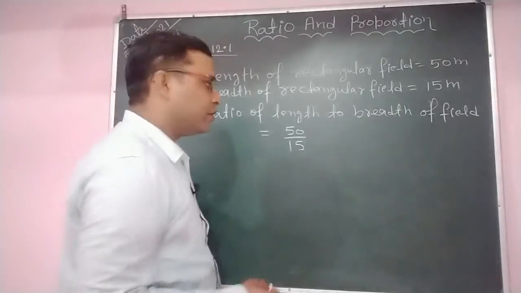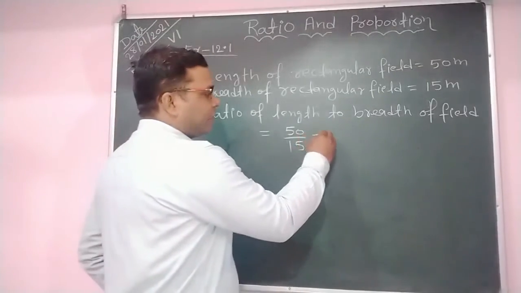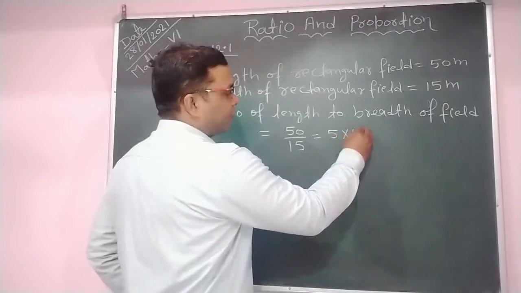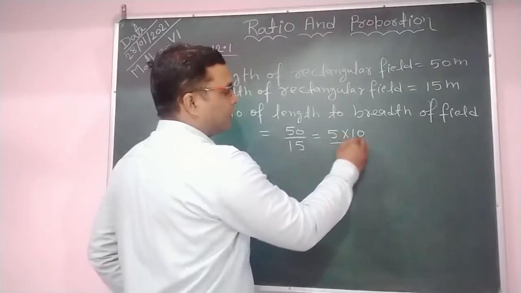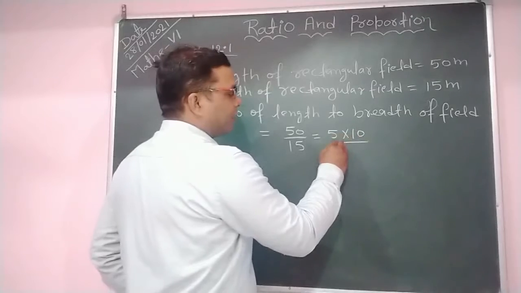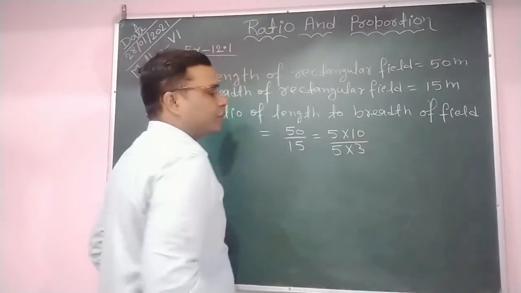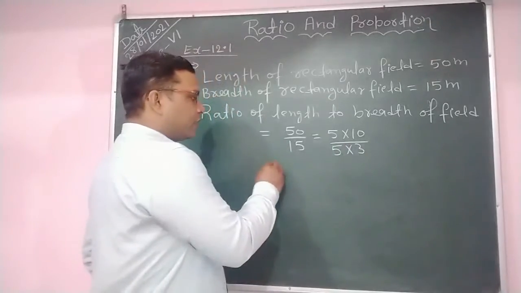This is clear now. So you can write 50 as 5 into 10, and you can also write 15 as 5 into 3. You can cancel it.